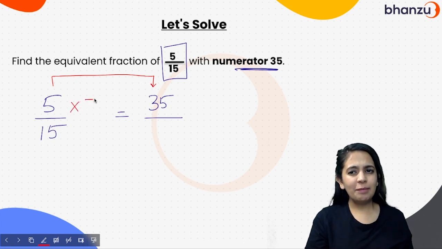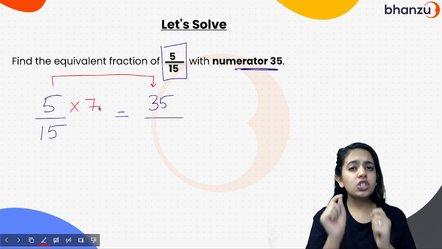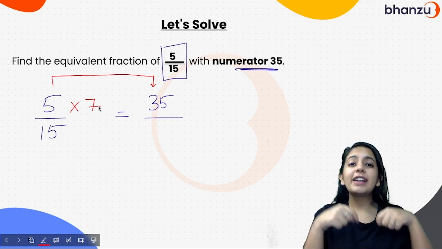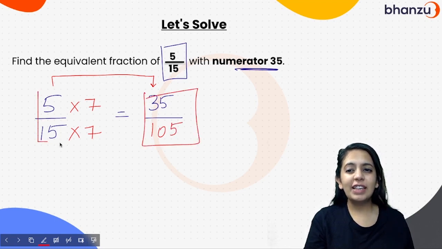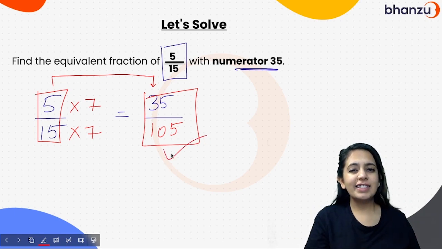Clearly it is multiplied by 7, right? And whenever we find the equivalent fraction, we do not just multiply the numerator with a number. We also multiply the same number in the denominator. So when we do 15 times 7, we are going to get 105. And with that, we are going to get the equivalent fraction of 5/15 with the numerator 35. And this is the answer.